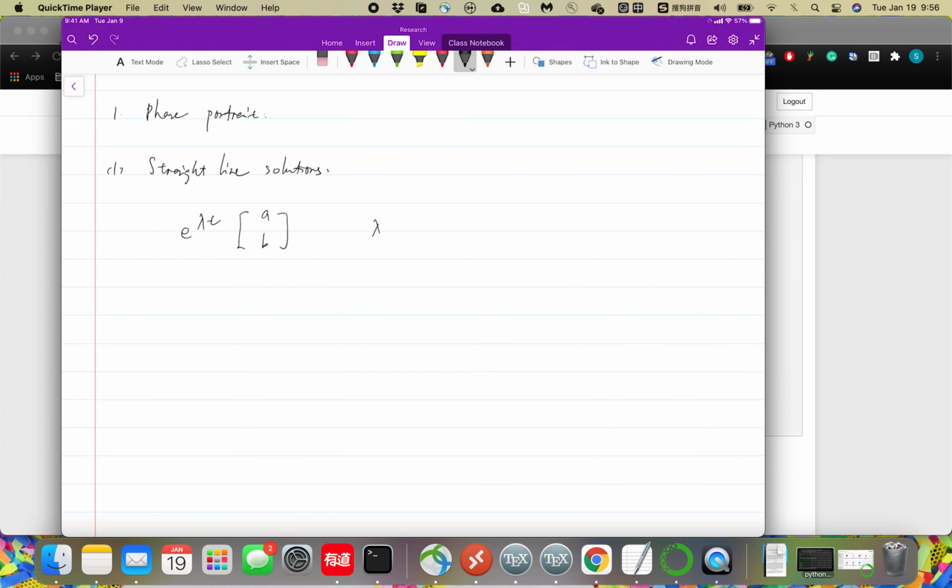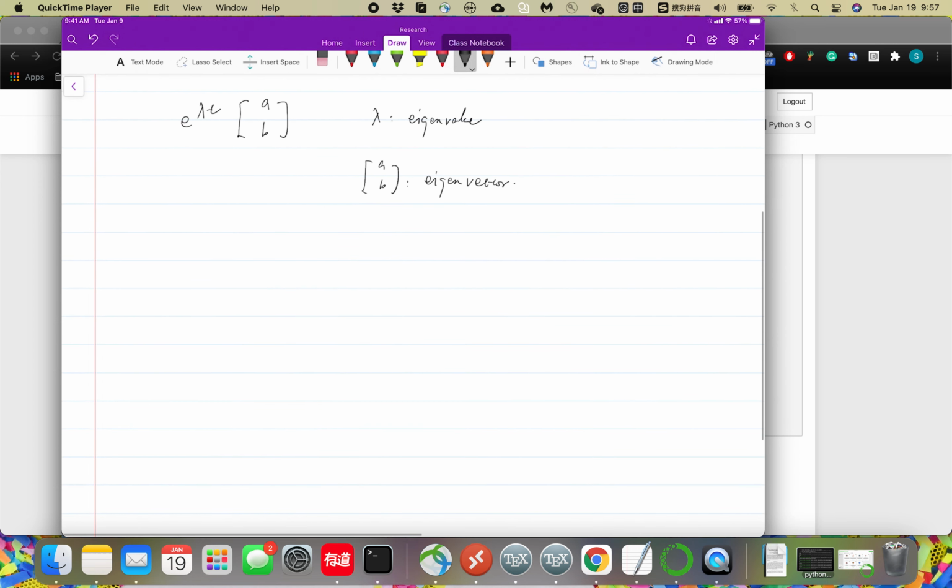And here lambda is going to be the eigenvalue, and the vector is going to be the corresponding eigenvector.